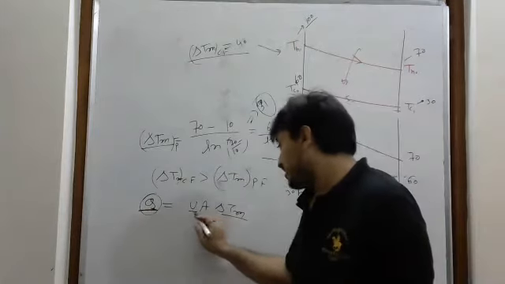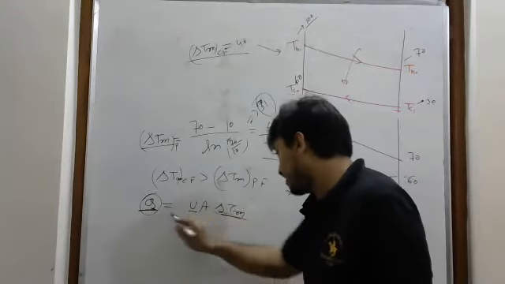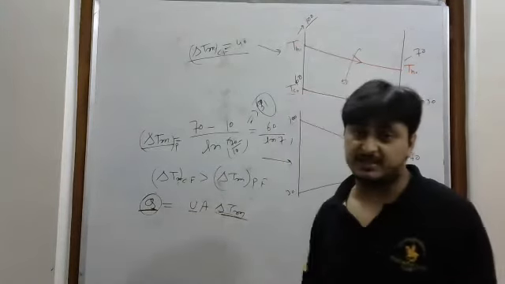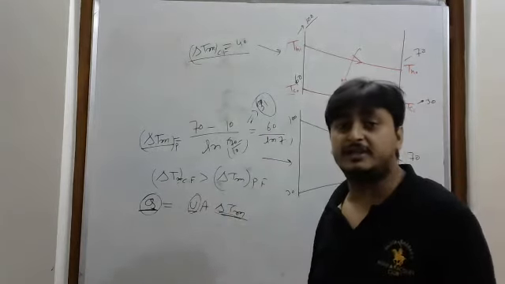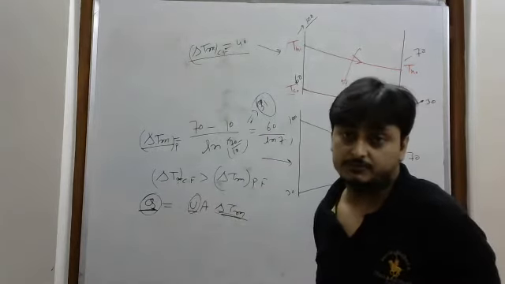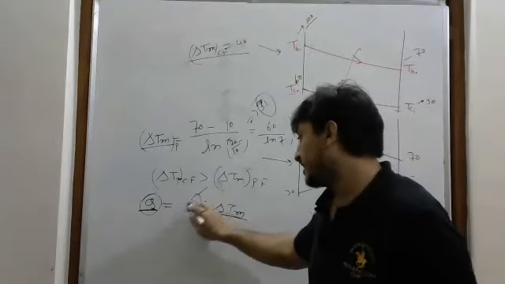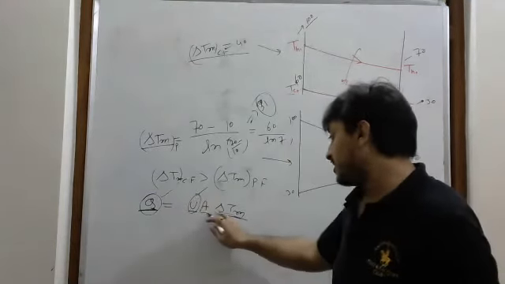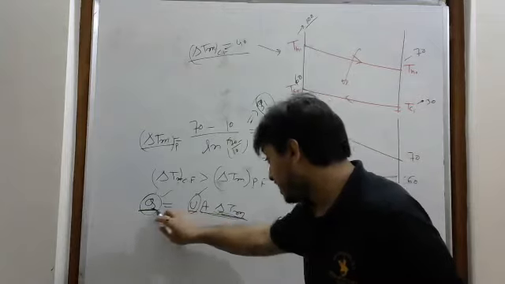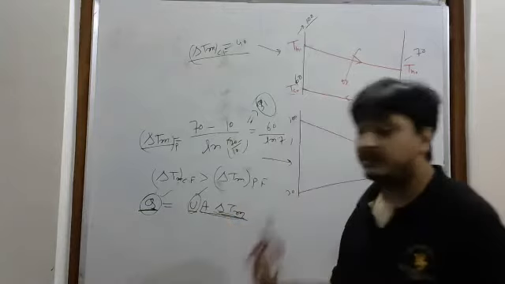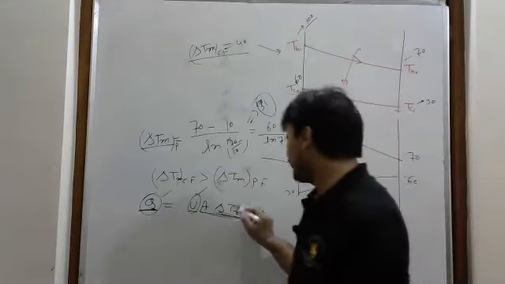Now this value will depend on these three things. I have taken the overall heat transfer coefficient of both heat exchangers as the same. This value is the same, this value is the same. So can we say heat transfer will depend on what? Area and this one. And who has more value?